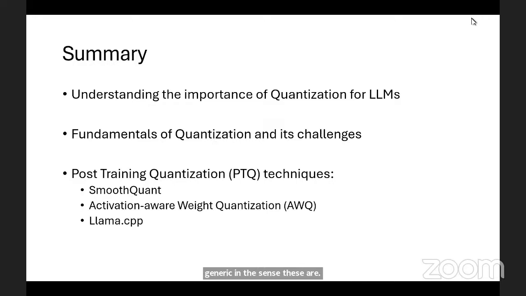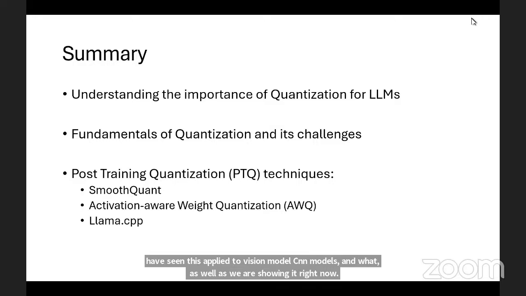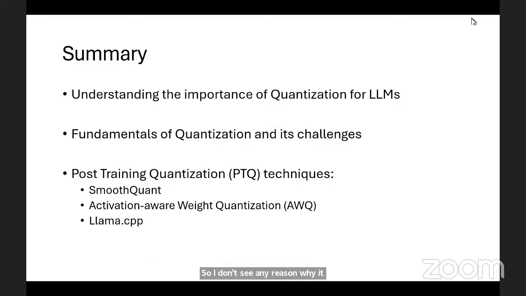We're not talking about text input or vision. I have seen this applied to CNN models and work as well as we are showing it right now, so I don't see any reason why it would not apply. At the end of the day, they are trained models with weights and activations. I think most of the key takeaways should still be applicable, but I don't have empirical data to support that.